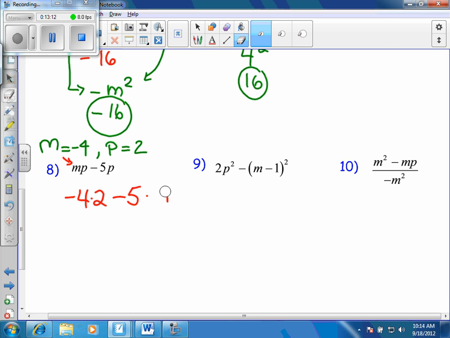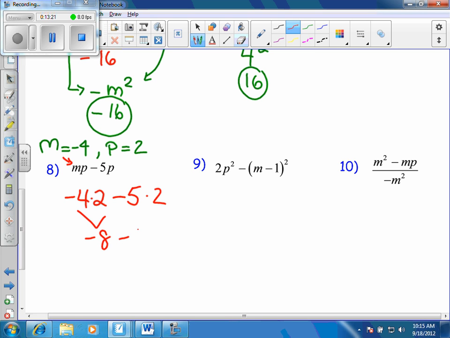Thank you. So now I'm going to do the multiply, so this is -8, take away 10. Think of this as like temperature. If you're 8 degrees below 0 and you drop 10 more degrees, you're still negative, -18.